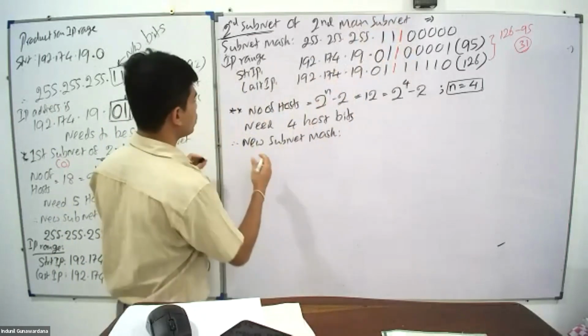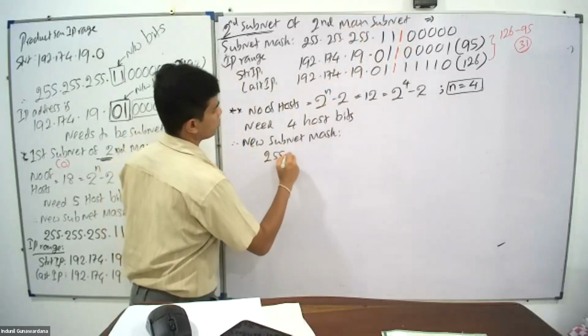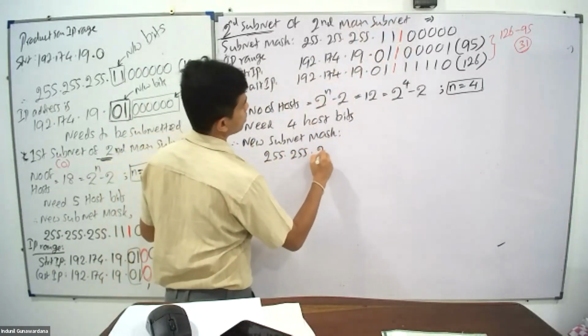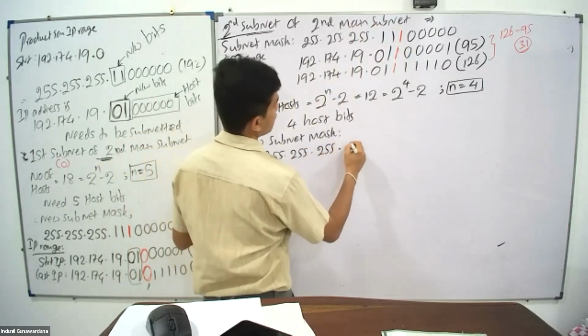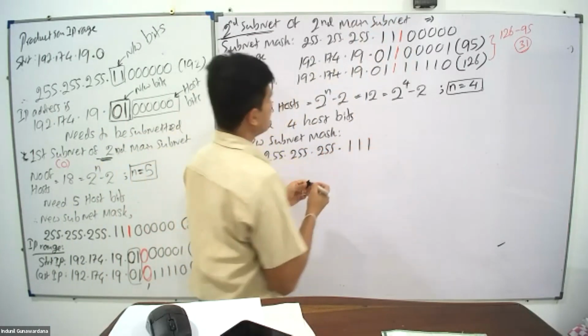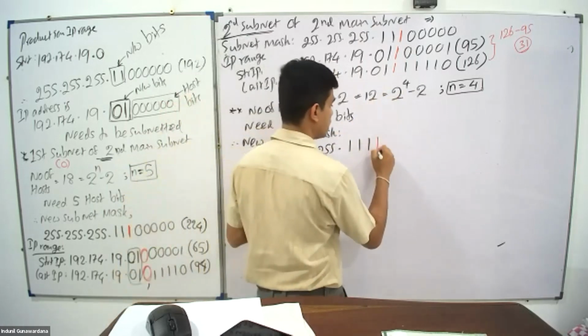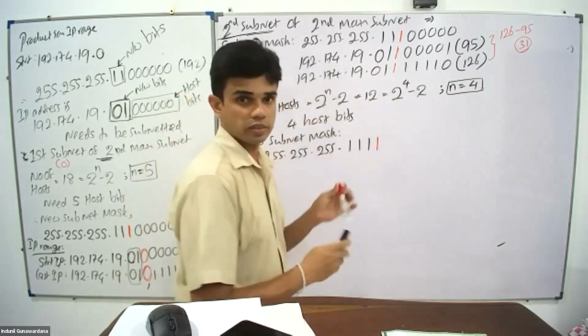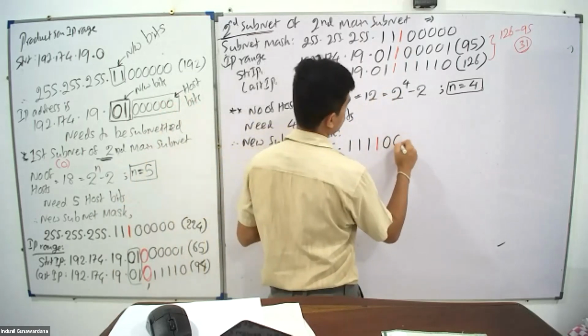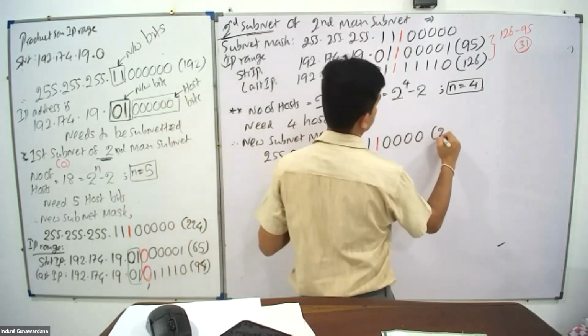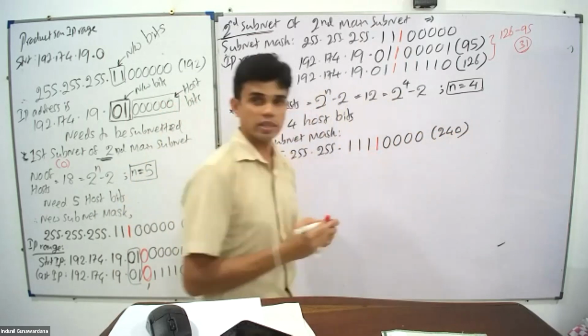So now it's going to be 255, 255, 255, then 1, 2, 3. Then to maintain 4 host bits, I may put another subnetwork bit. 1, 2, 3, 4. So this is going to be 240 as the subnet mask.